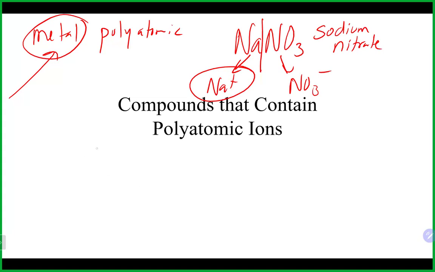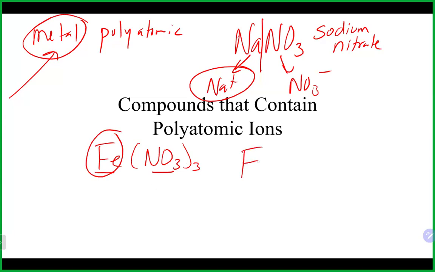Now, if you took the same guy and you put it together with our iron that we saw earlier, this is a metal with our polyatomic ion. Here we do need to figure out what the charge is because the metal is the most important. And again, that's a transition metal, which means it can make multiple types of charges. So the iron here, we would do the same thing. Once you learn the formulas, you'll know nitrate is -1. There's how many of those? There's actually 3 of them in this case.